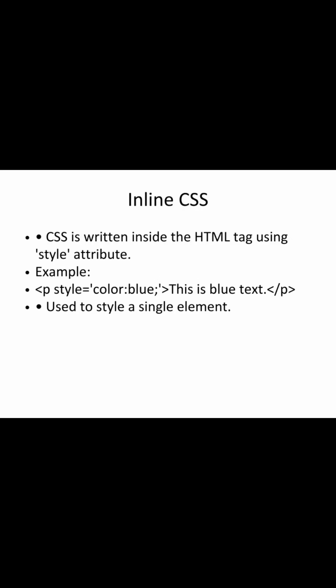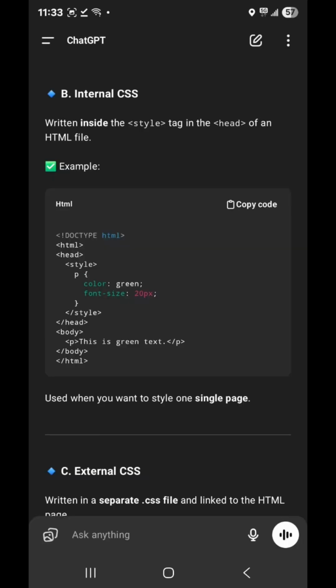For example, the paragraph tag, style equals to color blue. This is the blue text, and paragraph tag close. So this inline CSS is going to change only one element of the web page, and that is the paragraph, and the color will be blue.